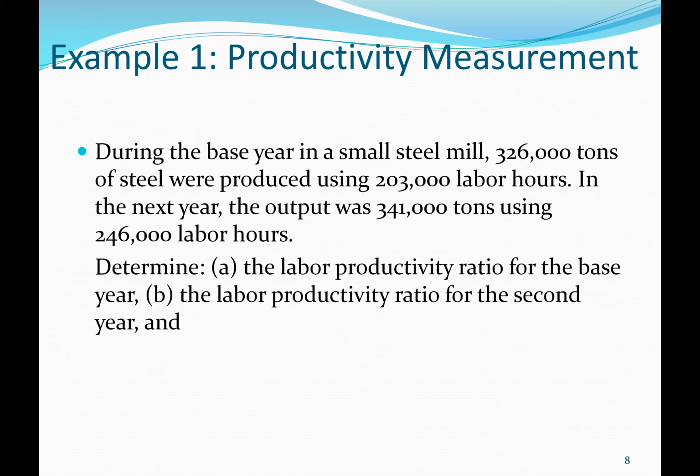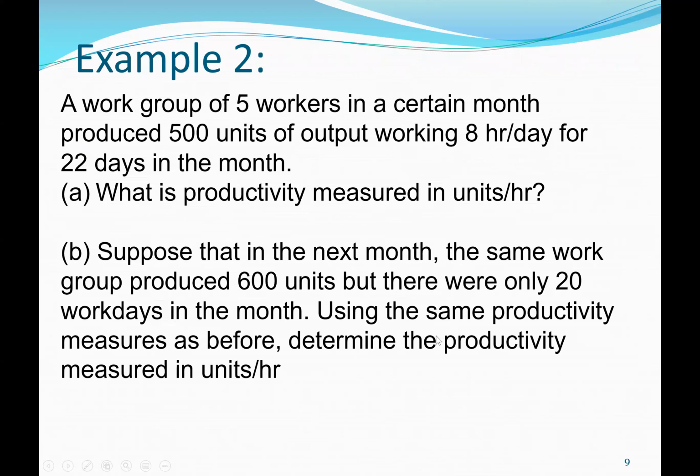Example number one. During the base year in a small steel mill, 326,000 tons of steel were produced using 203,000 labor hours. In the next year, the output was 341,000 tons using 246,000 labor hours. Example two.